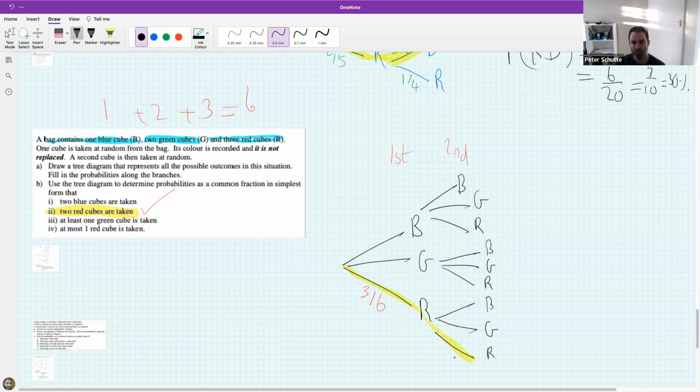But that means I need to figure out what goes here. Now, how many balls are left in the bag if I had 6 to start with and I take 1 out? Well, there can only be 5. How many of them are going to be red if my first choice was to take a red out? Well, because there were 3 to start with and I took 1 of them out, that's 2. So what is my probability of drawing a red, not replacing it, and drawing another red?